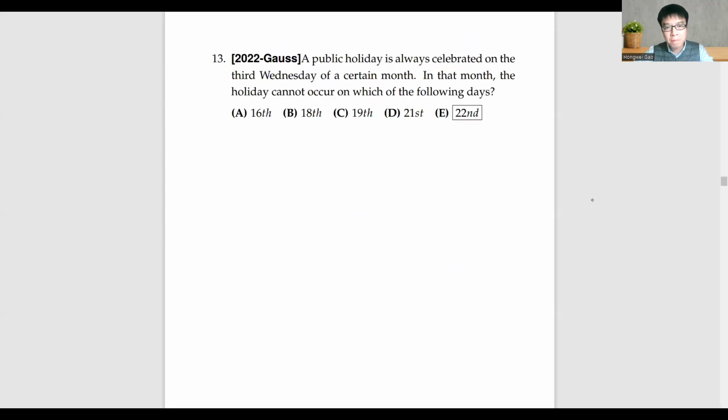Question 13. The public holiday is always celebrated on the third Wednesday of a certain month. In that month, the holiday cannot occur on which of the following days? Let's find the requirement of that day. So it's on the third Wednesday.